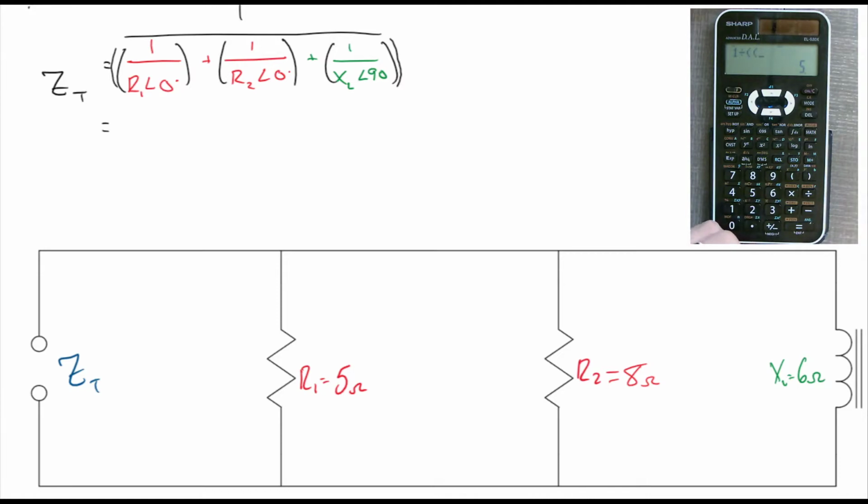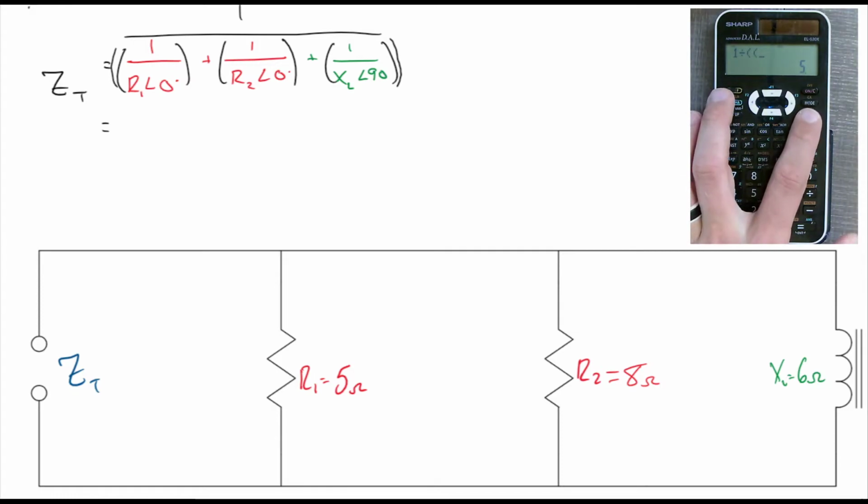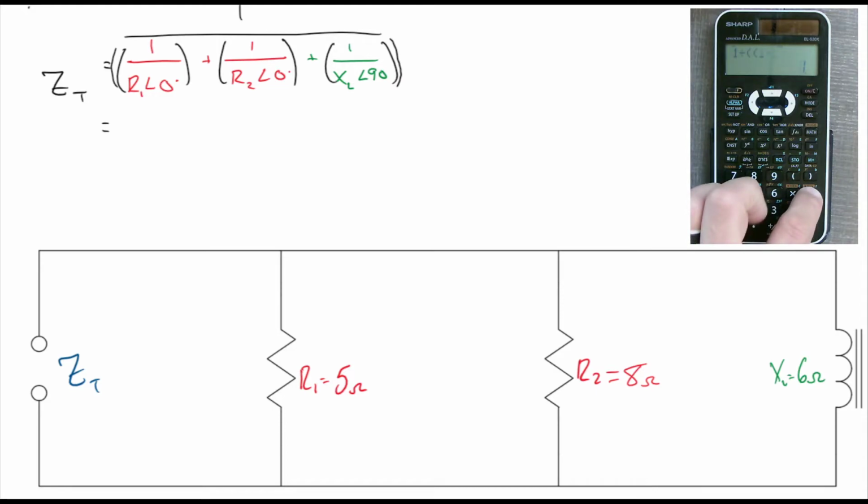So that's angle or vector, depending on what convention they're using for it. So I have to do 1 over 5 at 0 degrees. That's our first function right there.